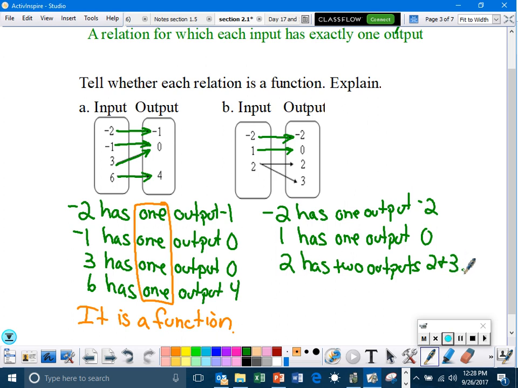Uh-oh. That is not what a function is. Again, a function can only have one output. So this is not a function. Okay, I'm going to pause for approximately 1 minute so that you can finish copying.